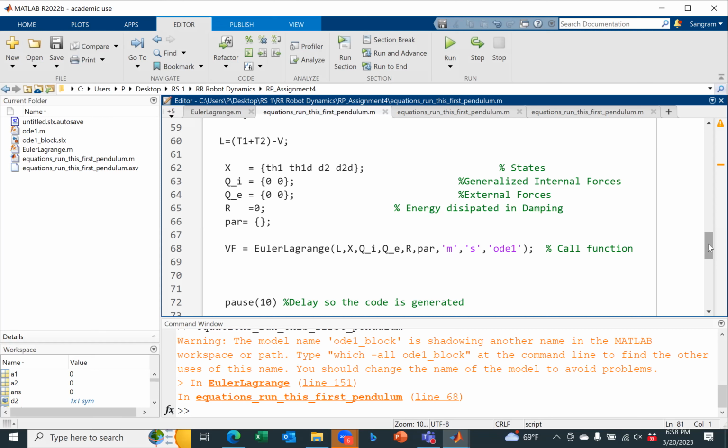So potential energy is going to be mg and this is h. Are you with me so far? The Lagrangian is going to be T minus V. So this is T and this is V.